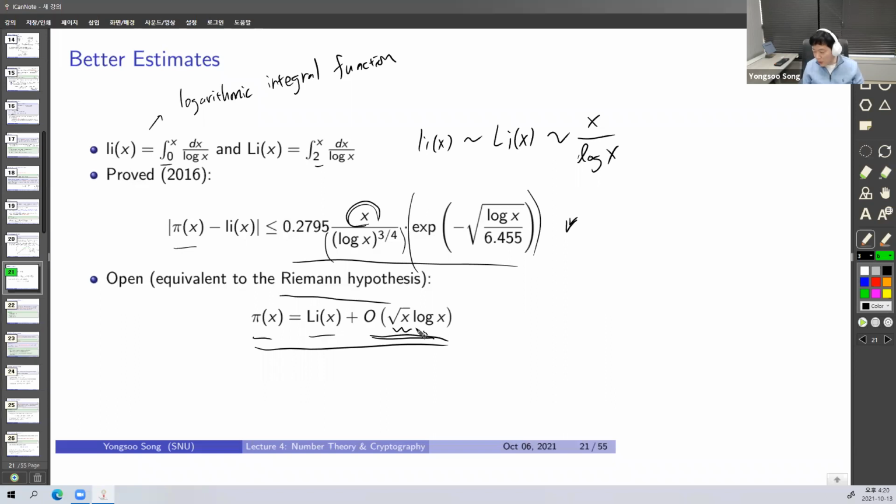You don't have to remember this result, I just introduced it for fun. Probably this is the simplest form of mathematical claim which is equivalent to the Riemann hypothesis. Roughly speaking, if you can count the number of primes very well, then you somehow prove the Riemann hypothesis.